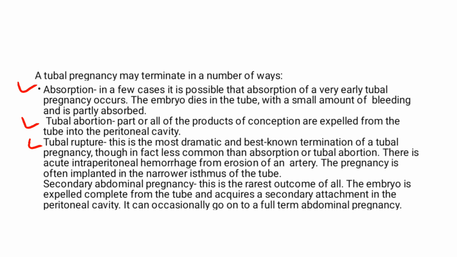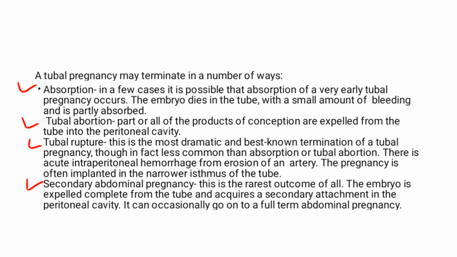So data-wise, it's less common, but clinically you're going to see more patients with tubal rupture than tubal abortion or absorption. There is an acute intraperitoneal hemorrhage from erosion of an artery. The pregnancy is often implanted in the lower isthmus of the tube.